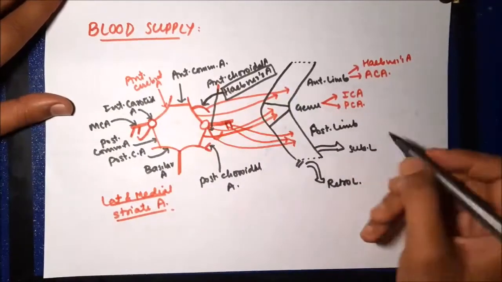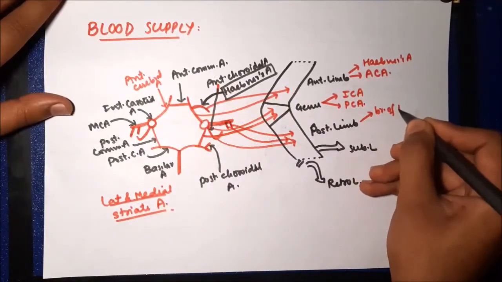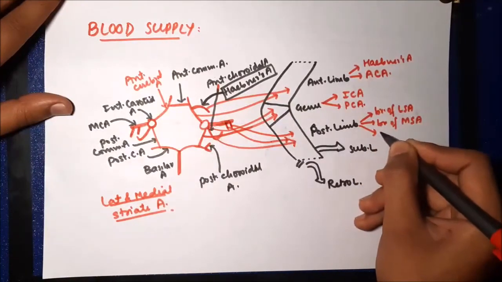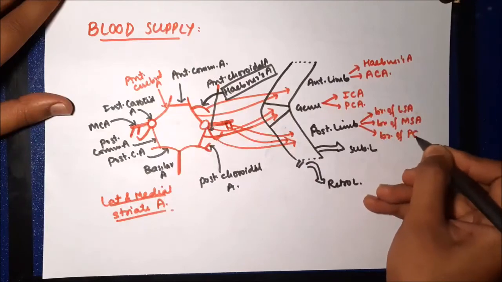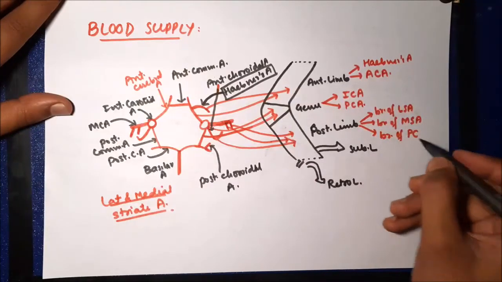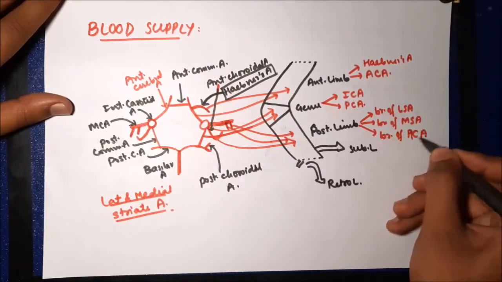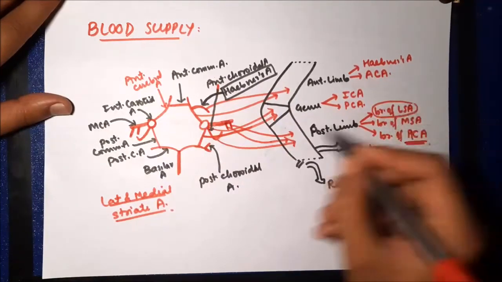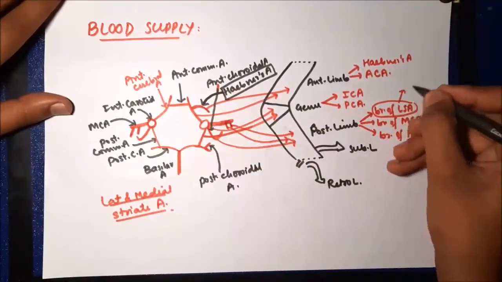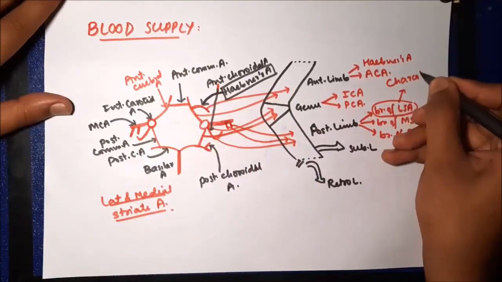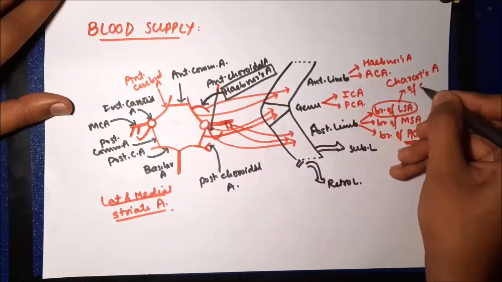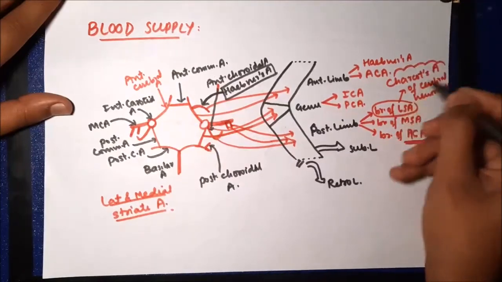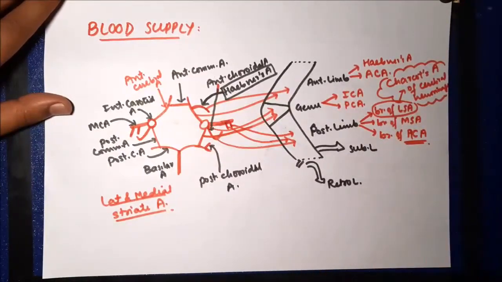So the posterior limb is supplied by a branch from the lateral striate artery, a branch of the medial striate artery, and a branch of the anterior choroidal artery. So there are three branches, and the branch of the lateral striate artery is called Charcot's artery of cerebral hemorrhage, which supplies the posterior limb of the internal capsule.